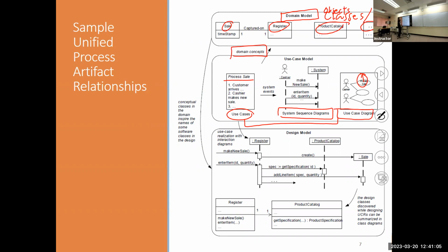And as I already mentioned, the sequence diagram is an example of a design model in which you really make a design now of how your system software would work. So it will say that this is a cashier.